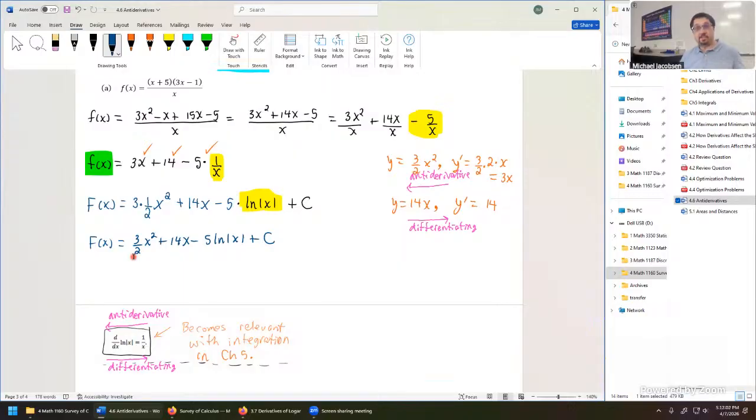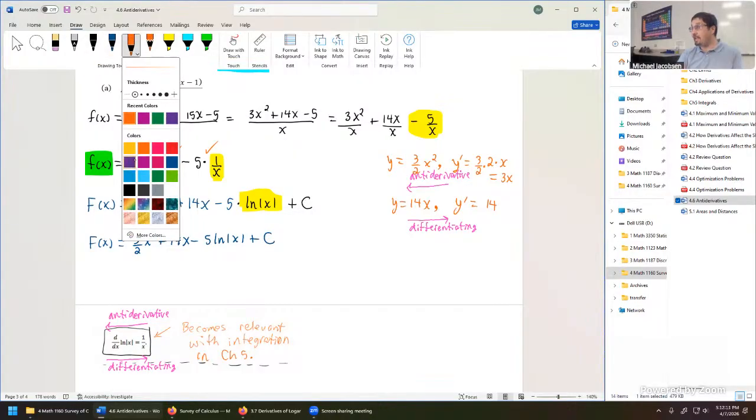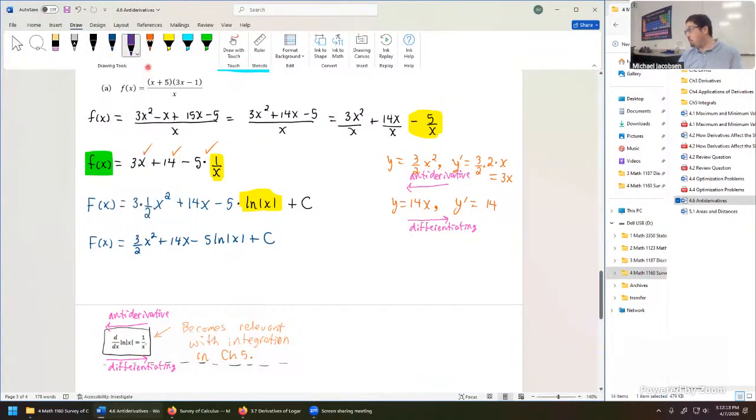Okay, maybe one last comment that's really tricky about derivatives and antiderivatives at the same time. When you write down a function like, say, same one, f of x equals x plus 5 times 3x minus 1 divided by x, one thought you might have is, you know the antiderivative of x, that's 1/2 x squared.